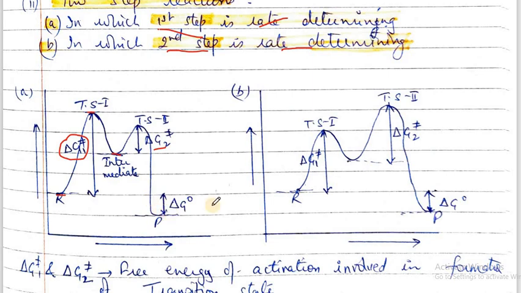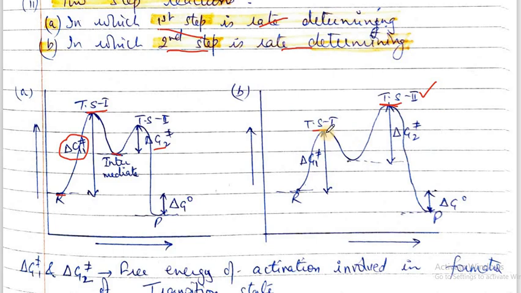And in this second case, the second step is the rate determining step, and in this the first transition state has lower energy, but this has required more energy. So in this side the height is more, and this requires more energy.